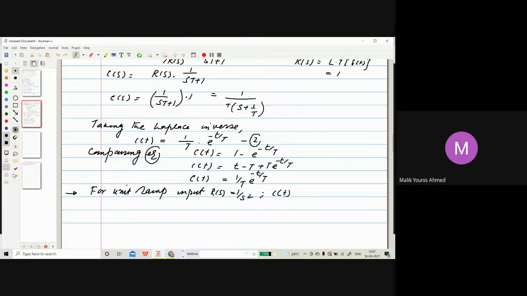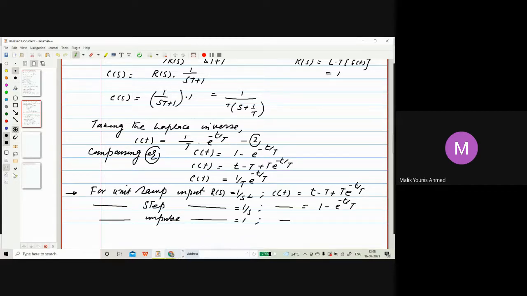Then the response in the time domain is t minus T plus T e raised to the power minus t by T. For unit step, input R of s equal to 1 by s, c of t is equal to 1 minus e raised to the power minus t by T. For unit impulse, input R of s is equal to 1, then c of t will be equal to 1 by T e raised to the power minus t by T.